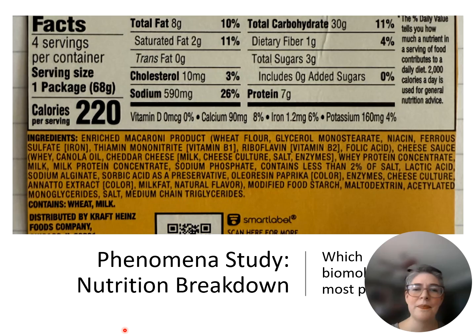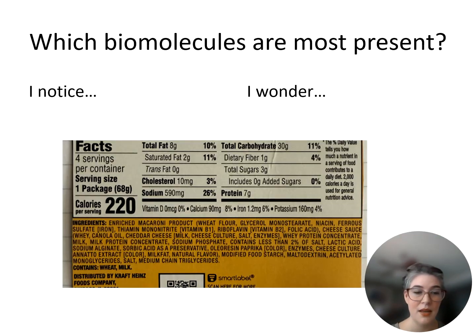Good job, guys. So I want you to just get into the brain space of doing an I notice and an I wonder next. All right. So which biomolecules are most present? We already pointed out that carbohydrates are going to be the most present in this particular example because there's 30 grams of them, and there are 7 grams of protein, 8 grams of fat.